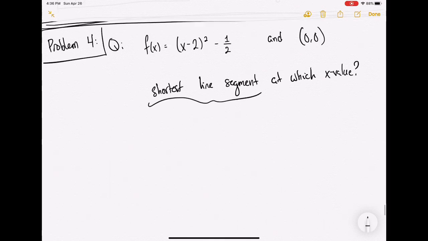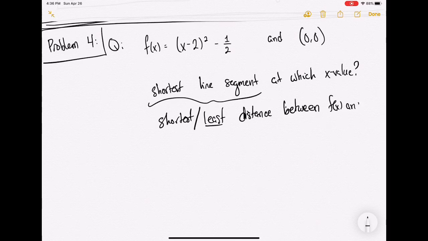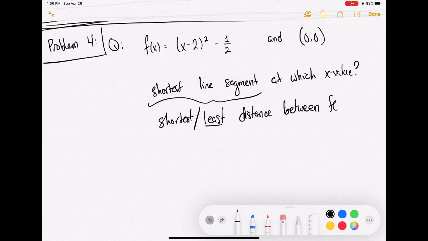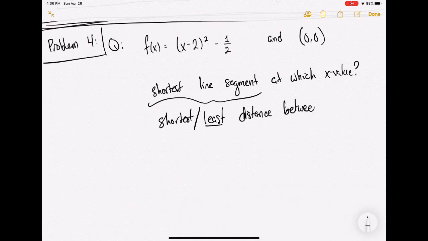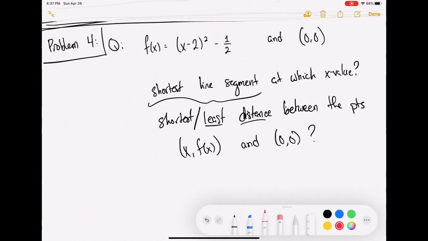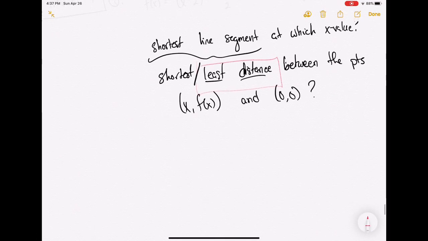AKA shortest distance between the two. Least, big word there, least distance between the two. F of x, and really I should say this as between the points x comma f of x and 0 comma 0. The least distance.